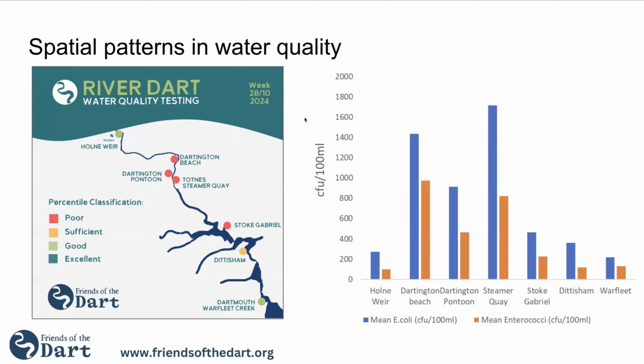However, then as you move down into the estuary, the water quality quite rapidly improves, with bacterial concentrations decreasing. So Stoke Gabriel, Diddersham, and Warfleet again have much lower concentrations of bacteria and are much more in line with what you find at Holme Weir in terms of clean water quality.